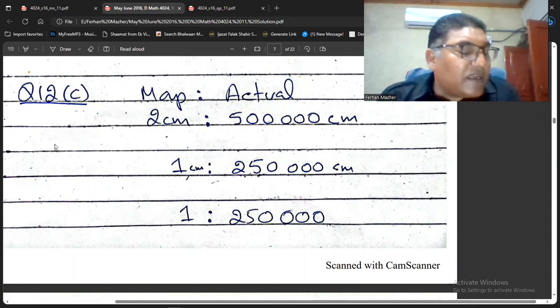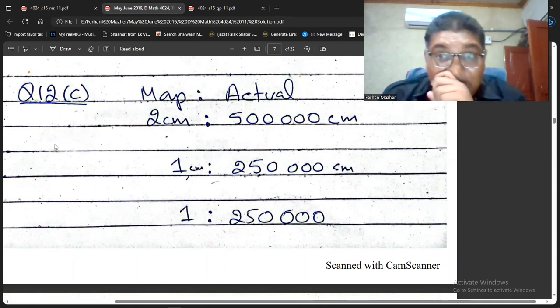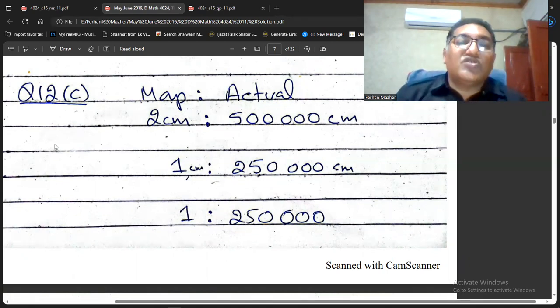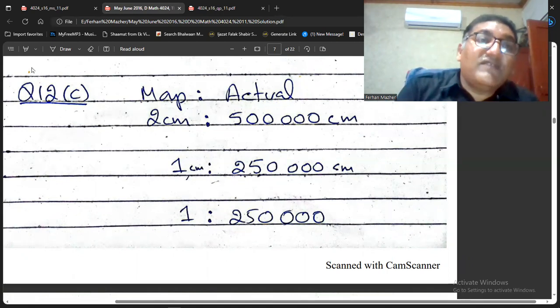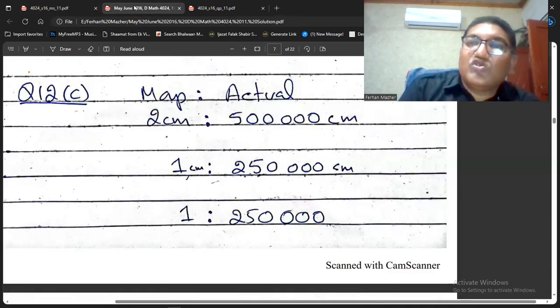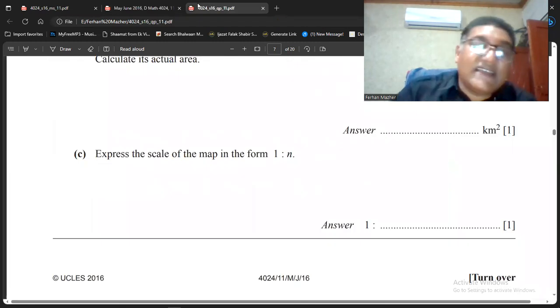So you will have 1:250,000. You can see the answer is right, sir. This is the solution. Whenever you write the ratio, the unit of both the quantities must be same.